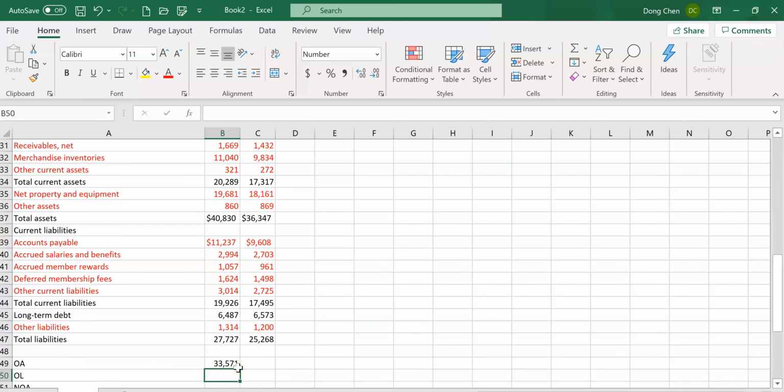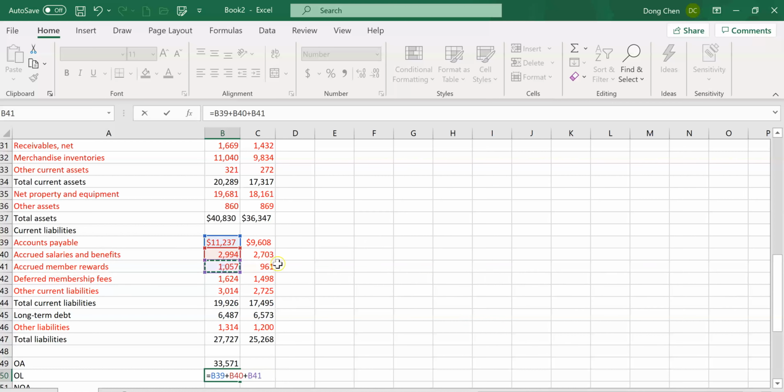And operating liabilities similarly is adding up all the liability items marked in red, starting from accounts payable. And then accrued salaries and accrued member rewards and deferred membership fees and other current liabilities and other liabilities too.